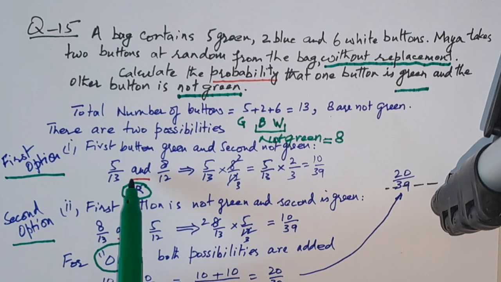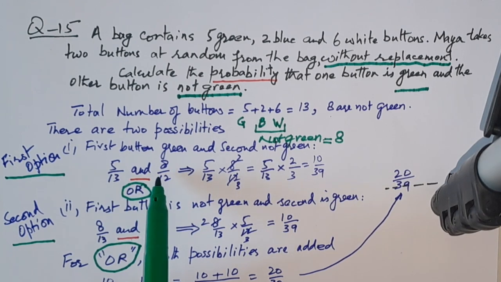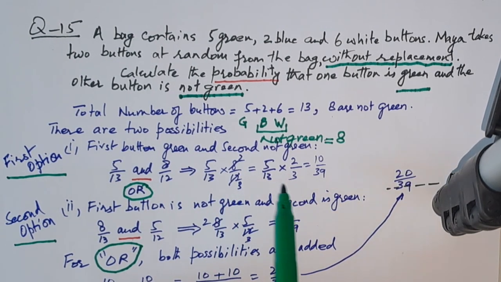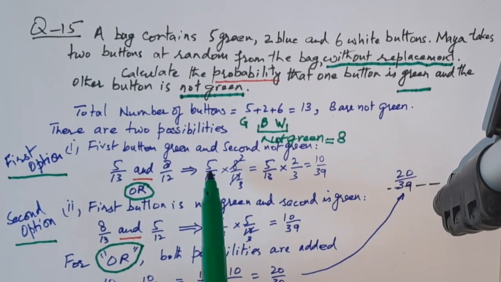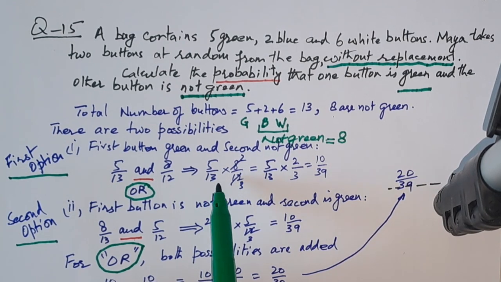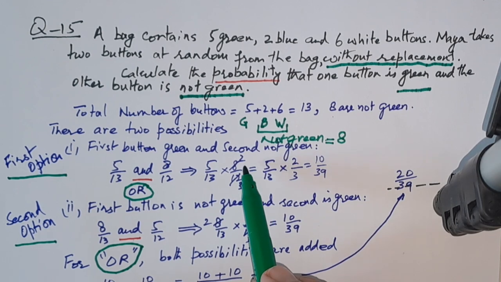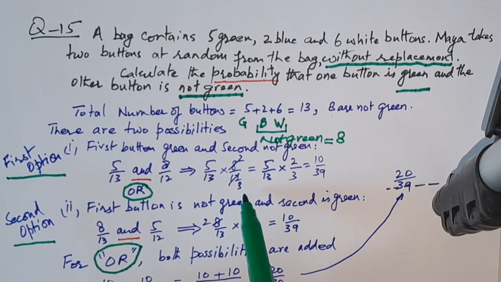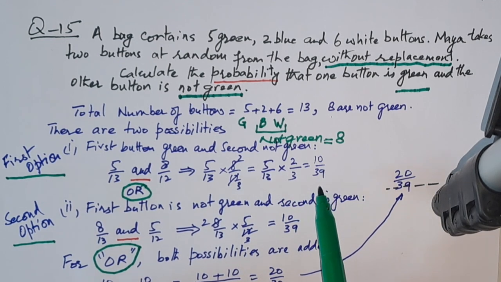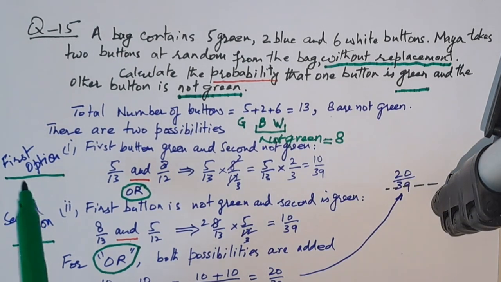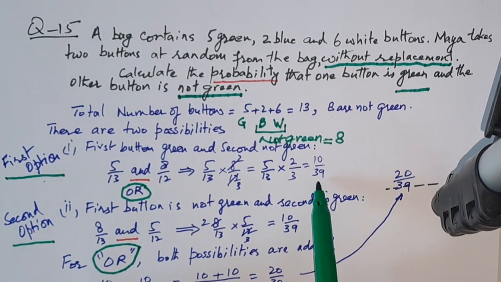Whenever there is an AND between the possibilities or probabilities, we will multiply them to get their total effect. So we multiply 5 over 13 with 8 over 12. Simple cancellation, 4 2s are 8, 4 3s are 12, 5 over 13, 2 over 3 is equal to 10 over 39. So we have got the total probability of first option as 10 over 39.